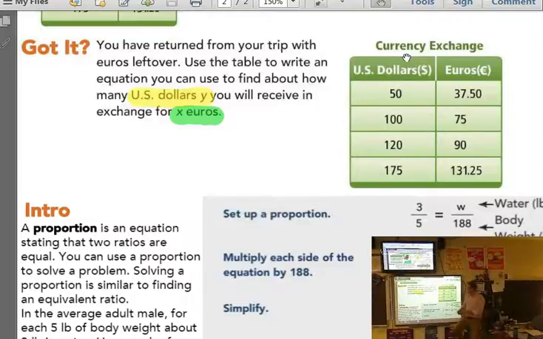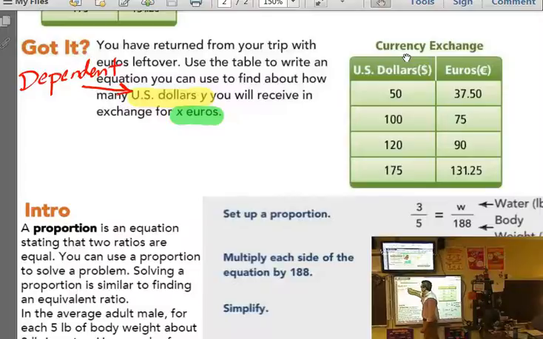So now my dollars have become my dependent variable, and my euros is my independent variable. So now my variables have kind of traded places, which is dependent and which is independent.